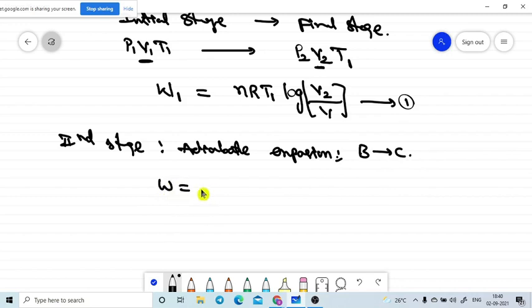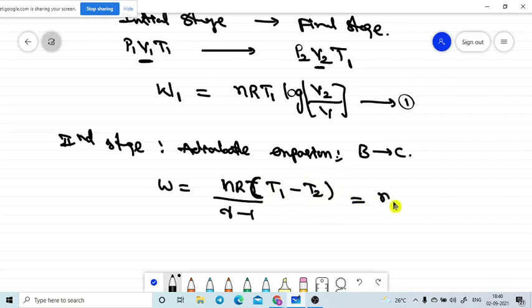The work done is equal to nR divided by gamma minus 1 into bracket T1 minus T2, that is, T initial minus T final. This is the formula we have. Are you getting or not? Hello?